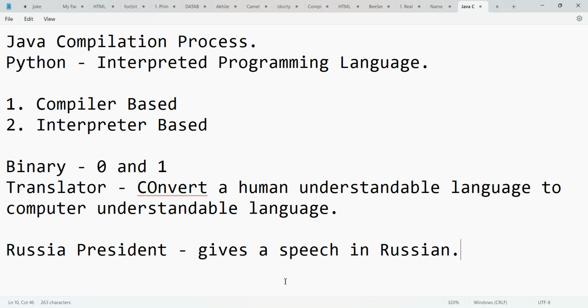Fine. And there is a different kind of translator: you see the translated script in the newspaper next morning. Whatever speech he gave, a translator sits down in the evening, reads his entire speech, converts it into English, and then this is printed in the English daily newspaper that you read, right?